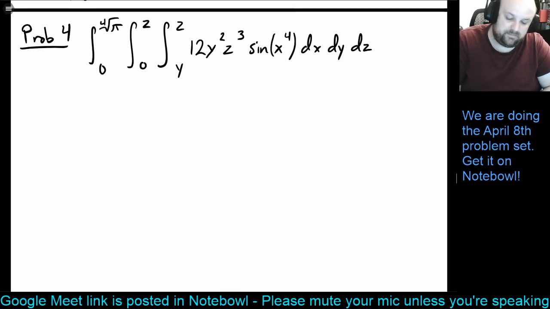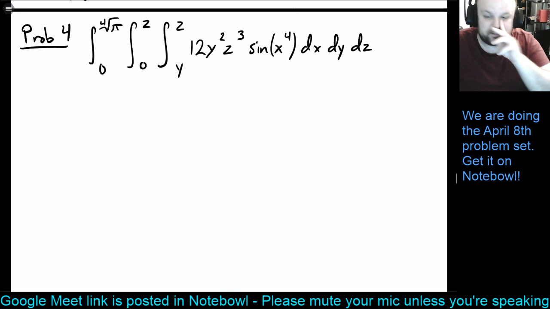That's a bit of a problem because we can't compute the integral of sine of x to the 4th. There's no u substitution, no integration by parts, no trick that's going to get us through that. So much like with double integrals, the answer is to switch the order of integration and see if something else works out.